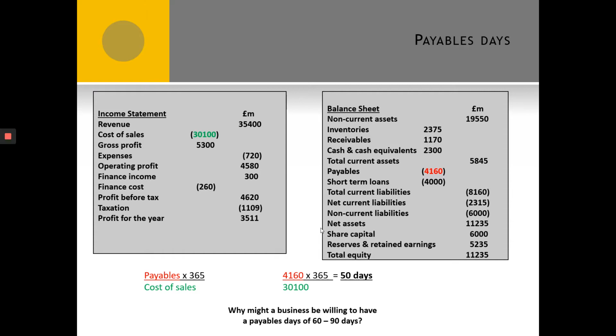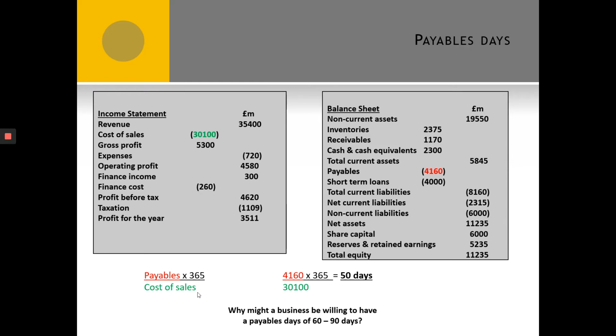Okay, so in order to calculate the formula, you will take the information from the two documents we've looked at previously. We've got the income statement and the balance sheet. Payables, as you can see, it's highlighted in red here. We will find this from the balance sheet, and we've got payables as £4,160.